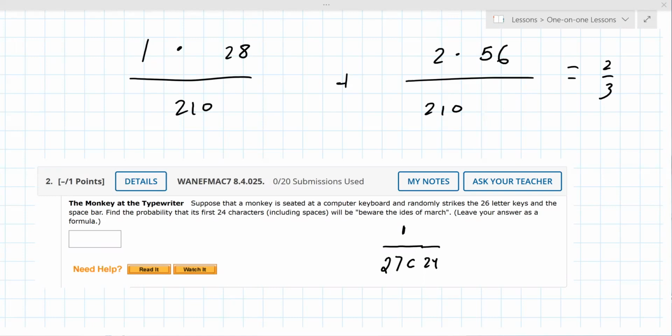This solution says it's 63 out of 125, but it says it wants a formula, so I'm not sure what to make of that. I mean, I don't think you'll get this on your exam because it's a static question.